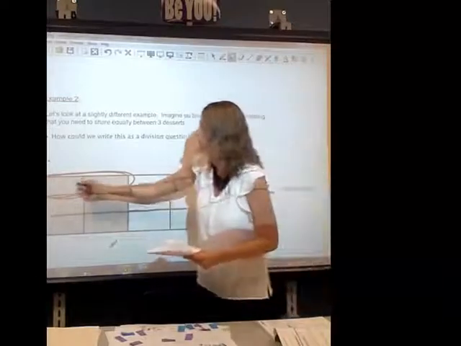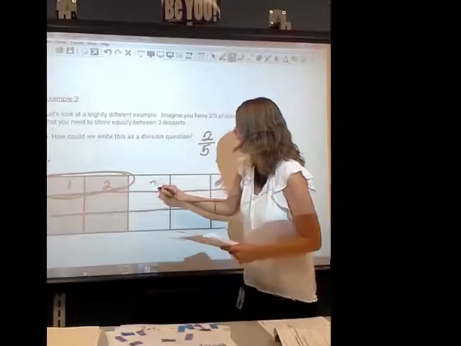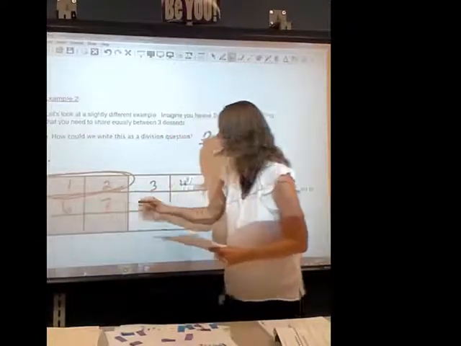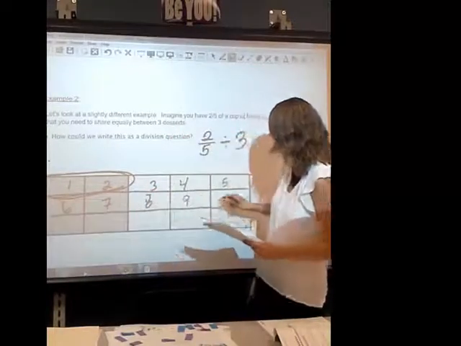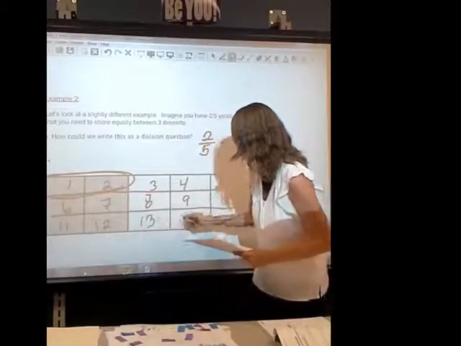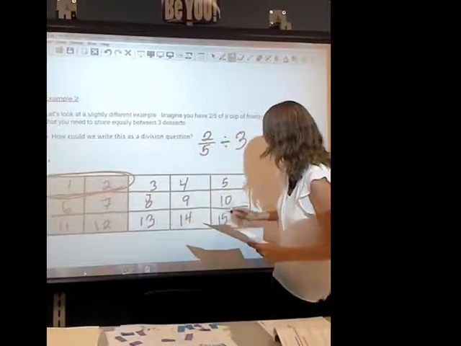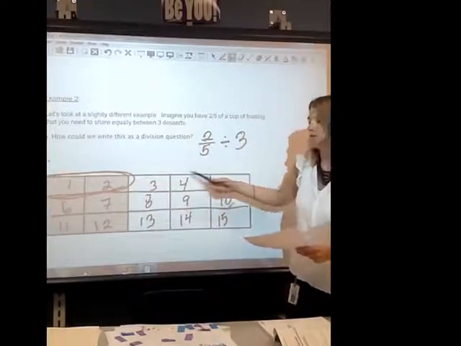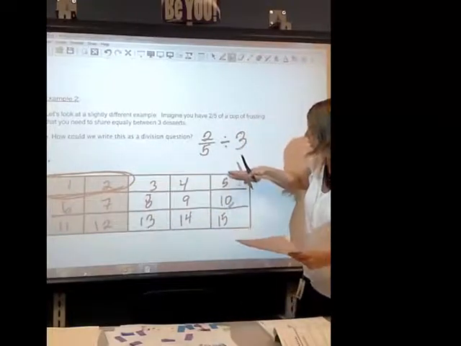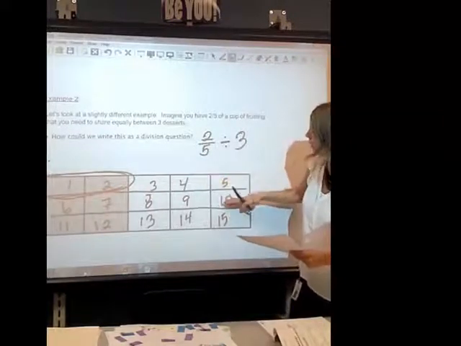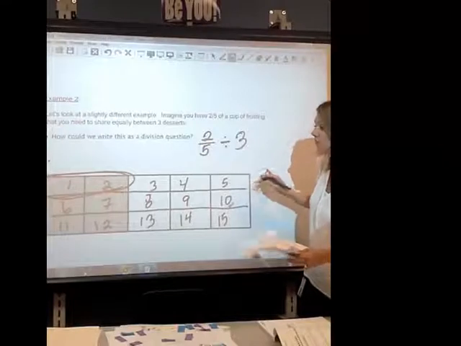So what I would do is count how many total boxes I have, and I would have 2 of them out of 15. You can do a shortcut, and if there's 5 columns and 3 rows, then you would have 15.